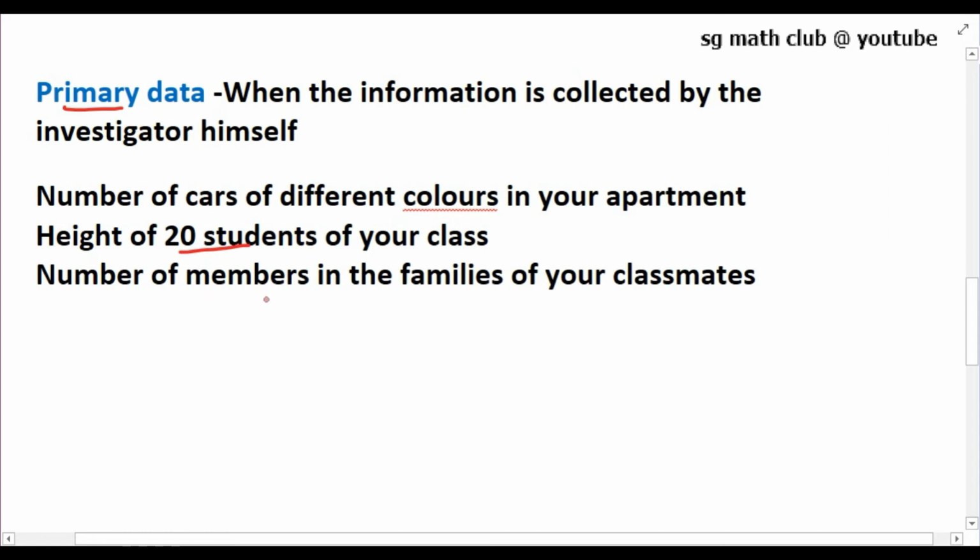Or the number of members in the family of your classmates. You will ask your friends how many family members are there in their house and you yourself will collect the data. Such data are called primary data. You yourself will go and collect the data.